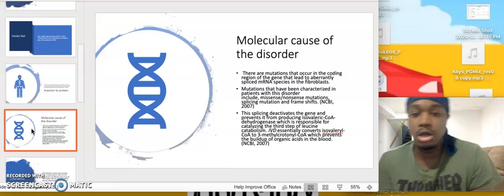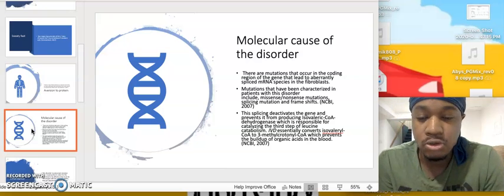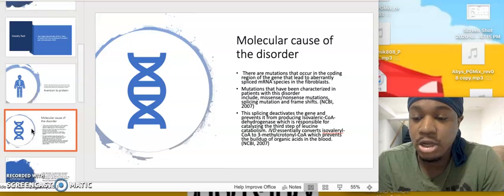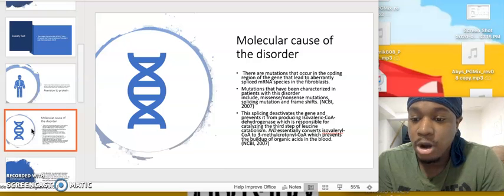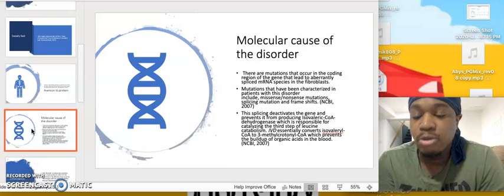So the molecular cause of this disorder. Essentially, there are mutations that occur in the coding region of the gene, which lead to abnormally spliced mRNA species in the fibroblasts.